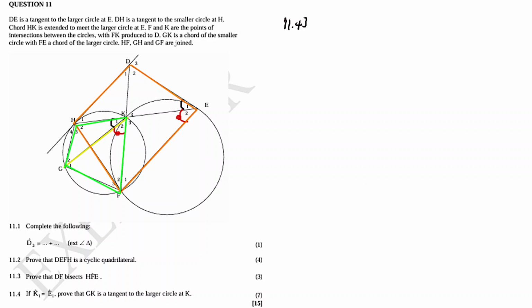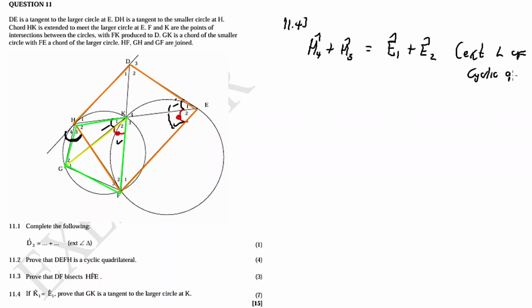The reason I highlight a cyclic quad is because of the way I highlight the angles. They showed us that this angle is equal to that angle, and at the same time we want to show that this angle is equal to that one. So I'm thinking, how about we use the exterior angles of the cyclic quads? We can start with the orange one, which only has an exterior angle.